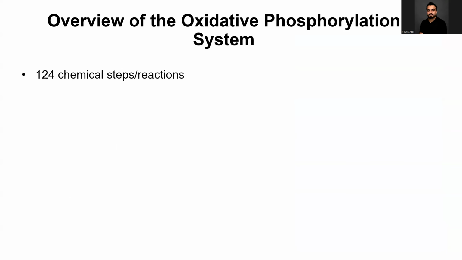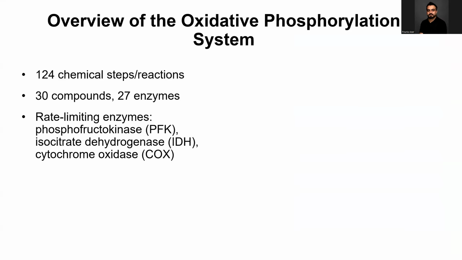And here's the summary of oxidative phosphorylation. We have 124 chemical steps or reactions, 30 compounds or 27 enzymes. The rate limiting enzyme PFK is for the glycolysis part of the oxidative phosphorylation.